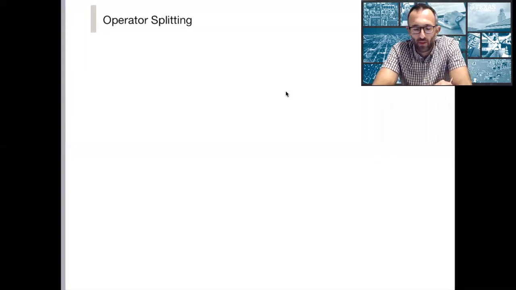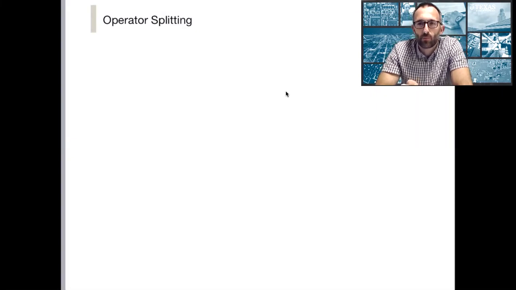Welcome back. We spent some time talking about the resolvent operator and the Cayley operator of a relation. And now we're going to use those for another important instance of operator splitting.